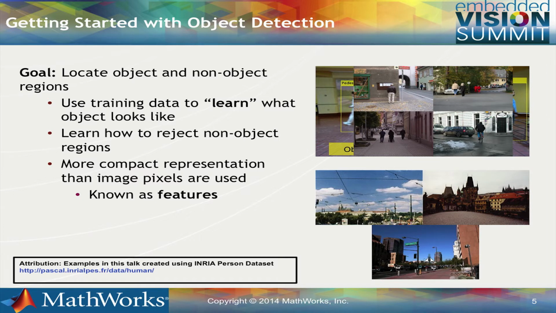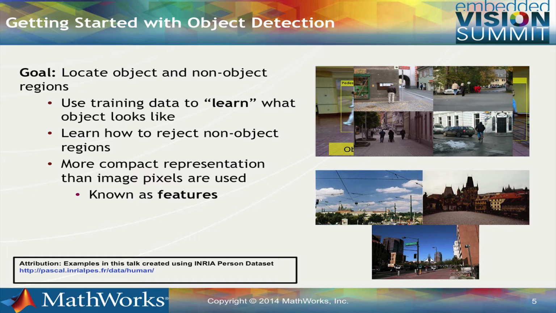Now to do that, I first need to learn what a pedestrian looks like. So I need to use training data, which is a set of images that represents the object that I'm trying to find. For pedestrians, it would just be pedestrians on streets and natural scenes. I also need my object detector to learn what a pedestrian is not.